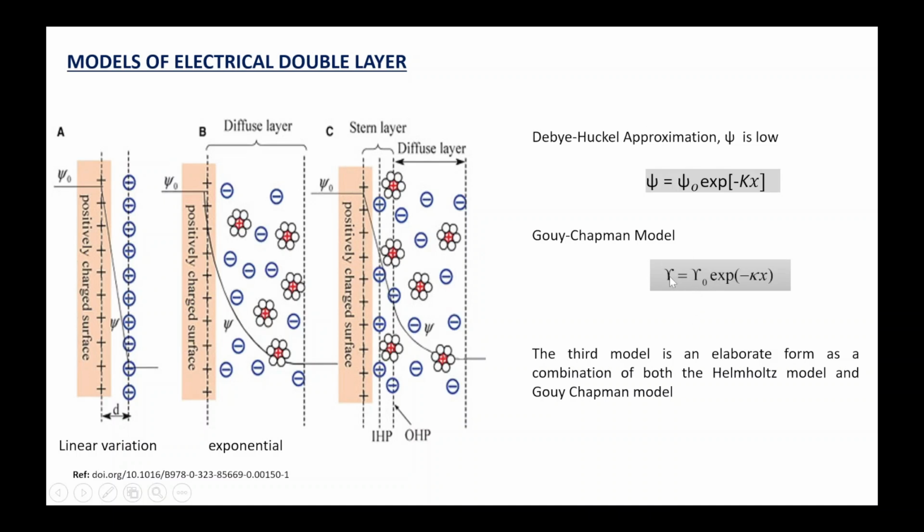Gamma equals gamma naught times exponential of minus kappa x.